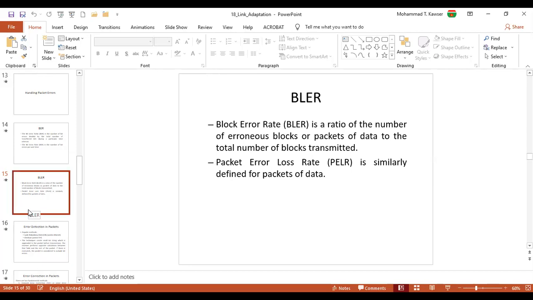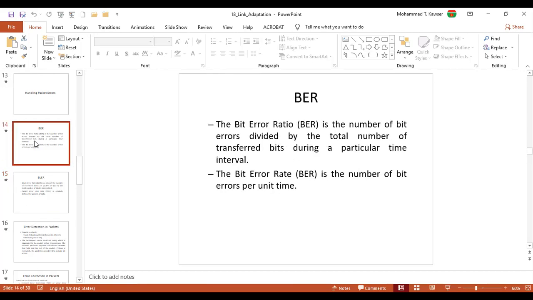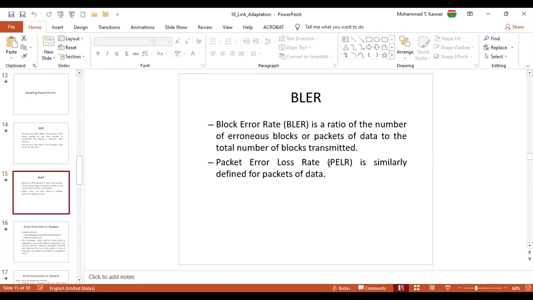If you count the number of errors in terms of blocks, meaning how many blocks have erroneous bits compared to the total number of blocks transmitted, not exactly how many bits are in error compared to the total bits, then you can call it blur. Its synonym is PELR, the packet error loss rate.